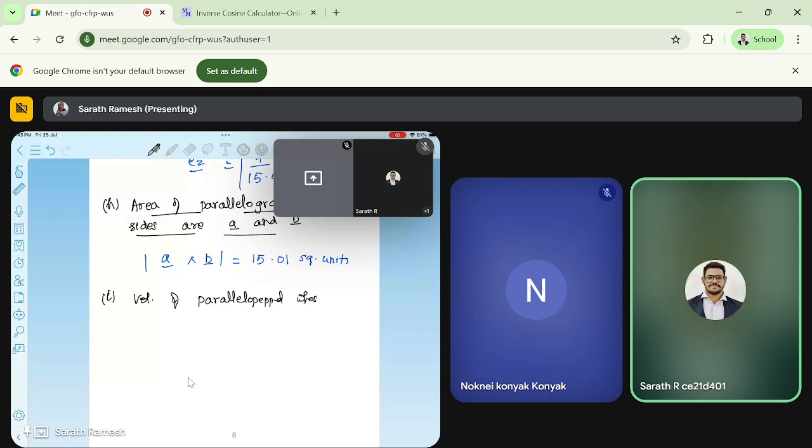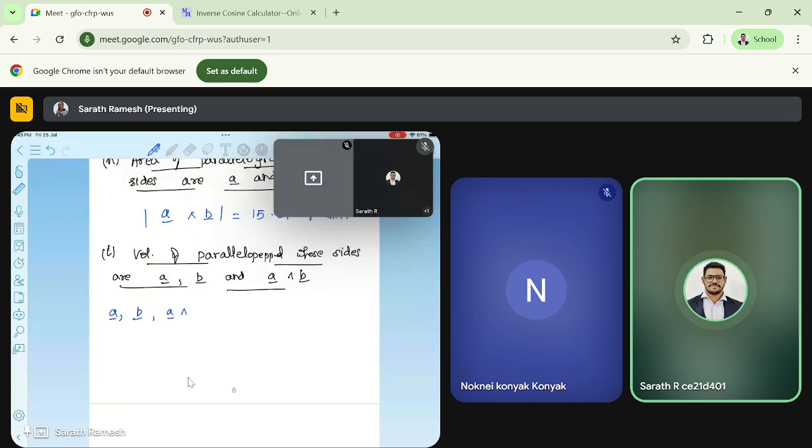So the box product of vector A, vector B and vector A cross B, we will simply do using a determinant. The first row corresponds to the A vector components, which are 2, 4, 3. B vector components are 4, 6, 8, and A cross B vector components are 14, minus 4 and minus 4.